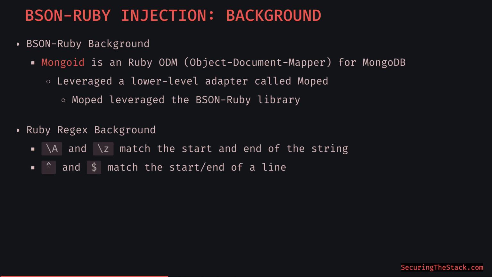But these items right here match the start and end of a line. What's the difference there? Basically, this $ matches a new line character. This item up here matches the complete string, while this only matches up to a new line character, and there might be more items within the actual string after it.